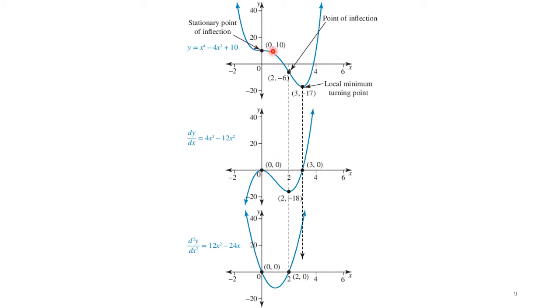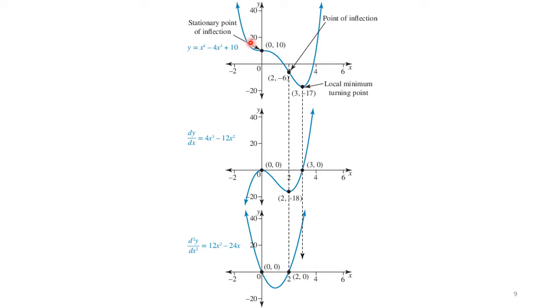So the gradient at this point is 0. And how do I know it is a point of inflection? Because at this point the second derivative is 0, but a little bit left of it we have a positive second derivative, and then a little bit right of it we have a negative second derivative, right? So the sign changes at this point. It was positive before and then became negative, so the concavity has changed.